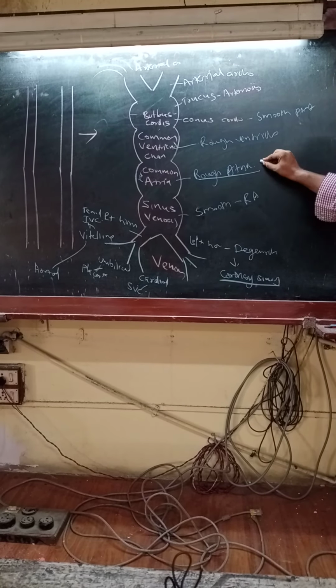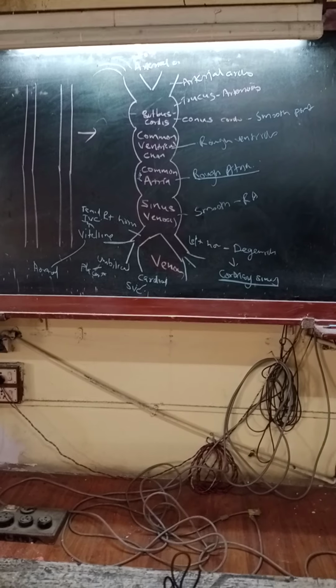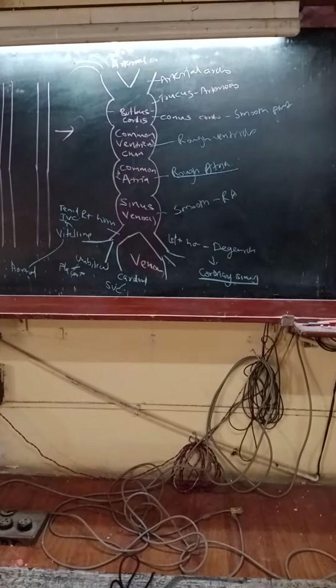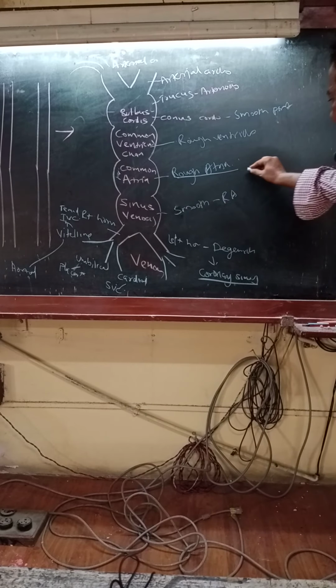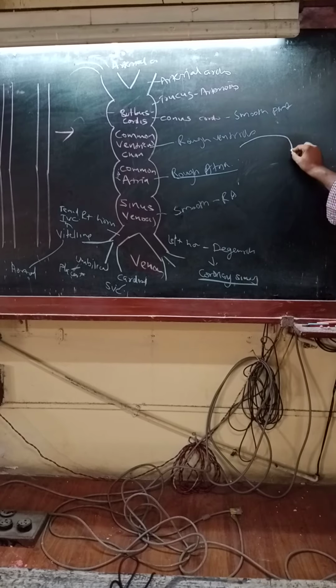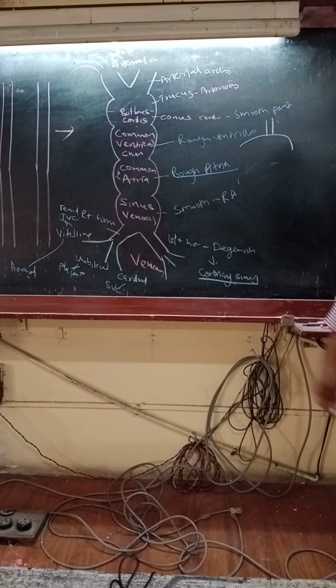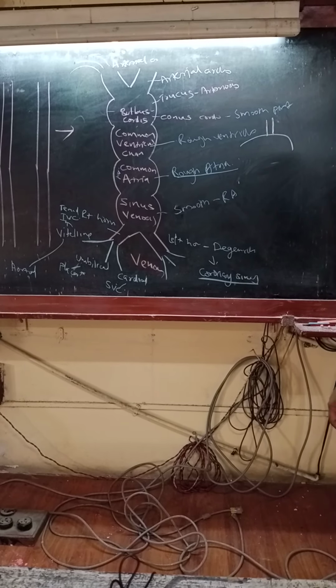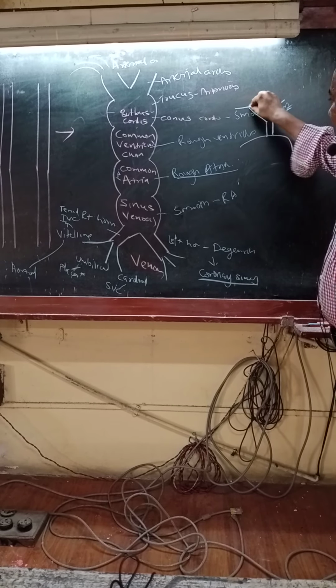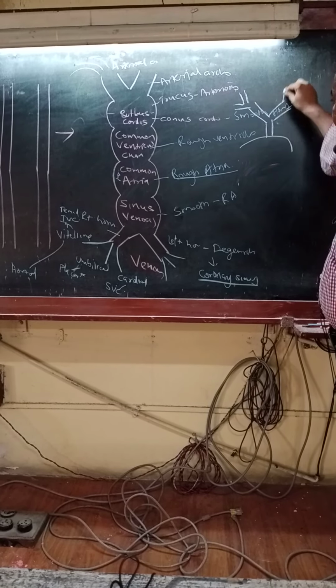Now what about the smooth part of the left atrium? Suppose this is the left atrium and opening into it is a common pulmonary vein. The pulmonary vein is previously common like this and there are branches.